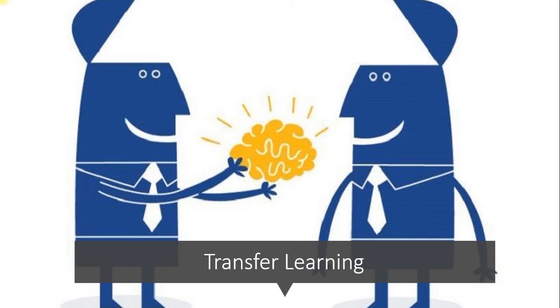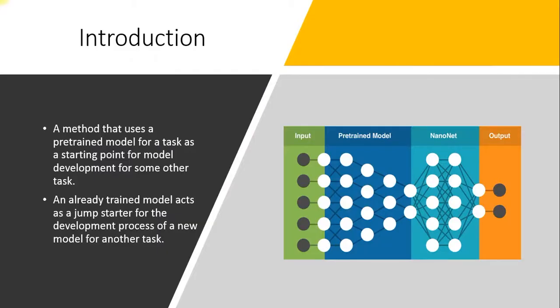But the thing with transfer learning is, as you can see, that someone's giving their brain to the other person. We can actually sidestep the step of creating a model from scratch. So transfer learning is a method that uses a pre-trained model for a task. We have the inputs, and the inputs are all ours. But instead of training a model from scratch the way we did in the previous section, we have a pre-trained model.